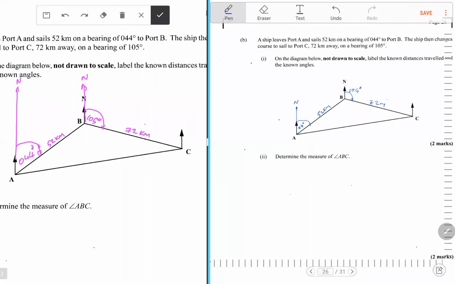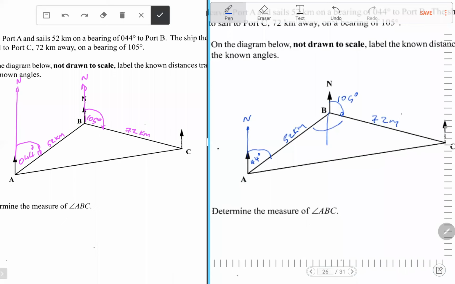So now determine the measure of angle ABC. That's the angle right here. Well, there are a number of ways this can be done. What we can do is break this angle down here and use a Z angle on this side. Let me show you. I want to find this angle across here.